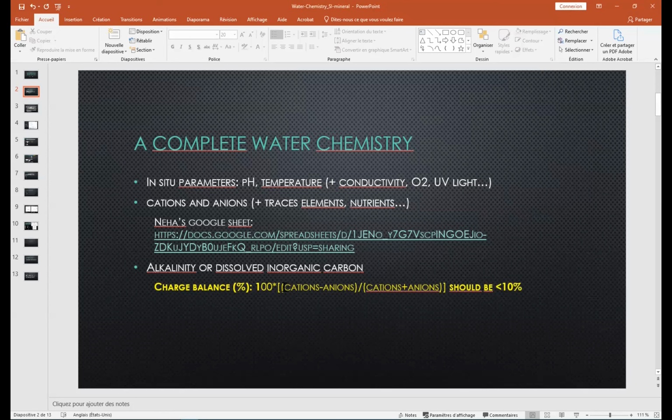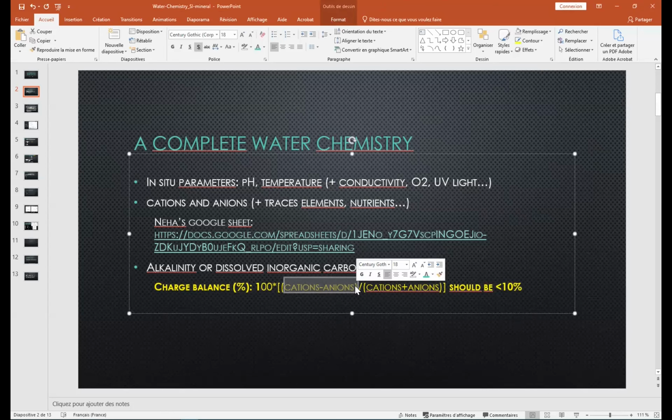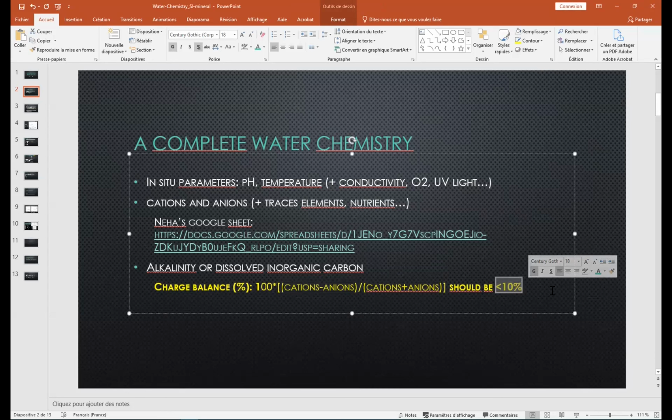So you need to have the exact same charges between the anions and the cations. So it should be less than 10%. If you have more than 10% of difference between the cations and the anions, it means that you have a problem with one of your analyses.